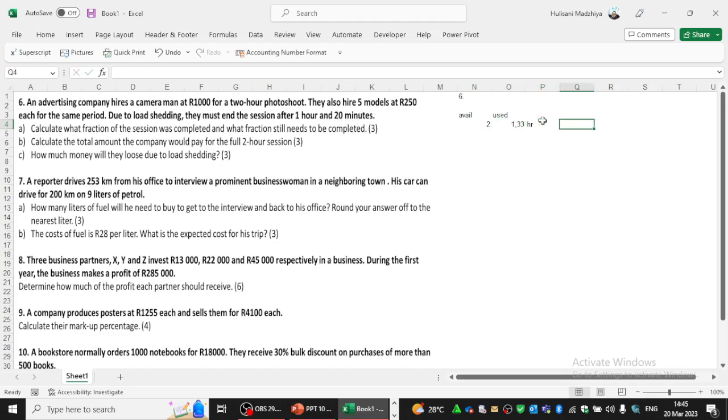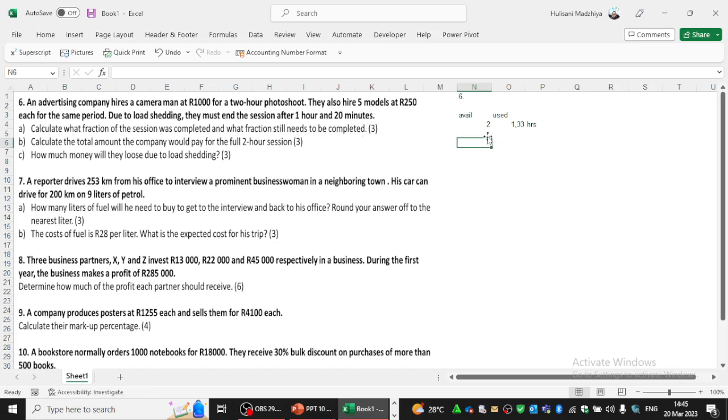All of these that we're seeing here are represented in hours. We have converted the 20 minutes into hours, giving us 0.33, and we add it to the 1 hour. Therefore, we've got 1.33 hours. So we can compare the two to calculate what fraction of the session was completed and what fraction still needs to be completed.